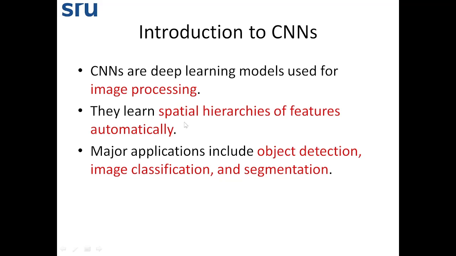So these are the important parts of convolutional neural networks. The major applications of convolutional neural networks are object detection, image classification, and segmentation.